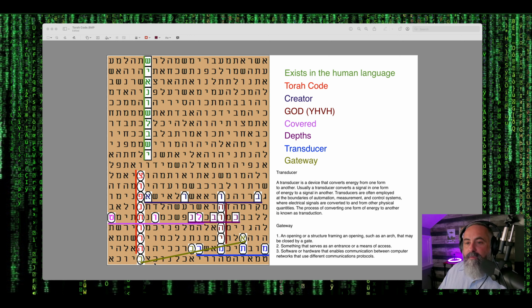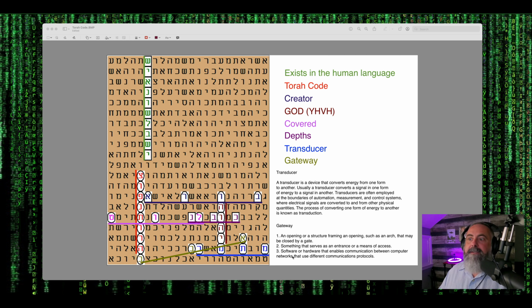And then running diagonally right here in this mustard gold color, at an angle, is the word gateway. Gateway. Again, think about the word and let's look at the definitions here. So we have three different ones. A gateway is an opening or a structure framing an opening, such as an arch that may be closed by a gate.